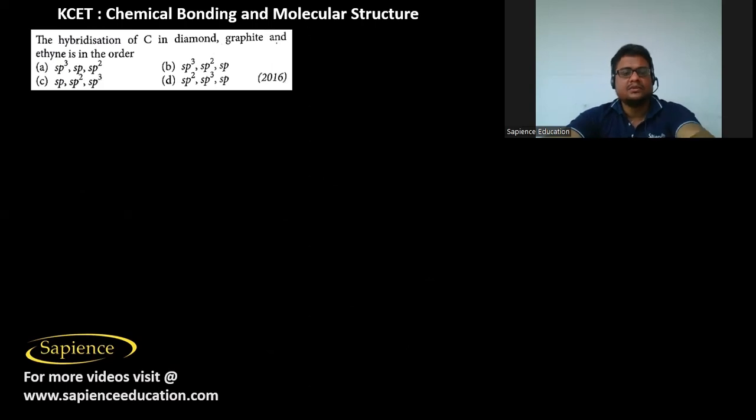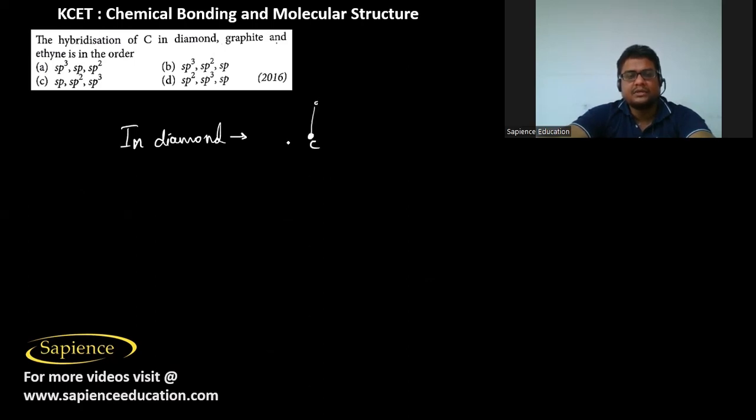Then here it is told the hybridization of carbon in diamond, graphite, and ethine is in the order. So in diamond, every carbon atom is linked with four other carbon atoms to form a tetrahedral arrangement.